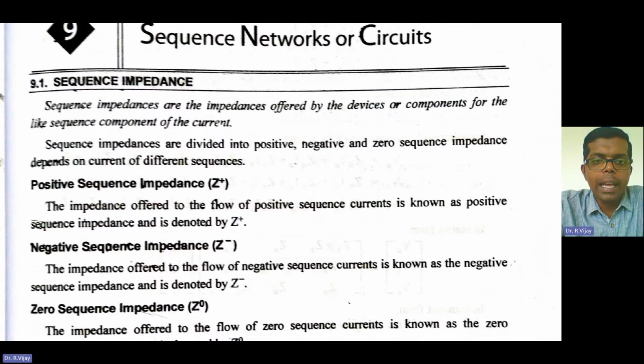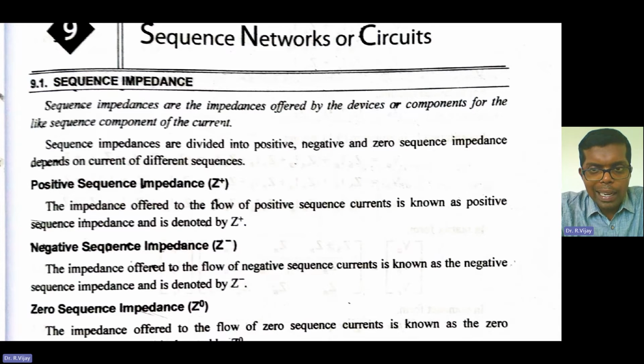Sequence impedances are the impedances offered by the device or components to the sequence components of the current. So in the power system, you have the generator, the transmission line, and the loads.